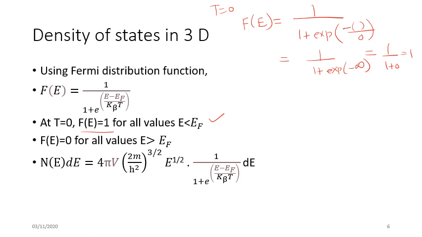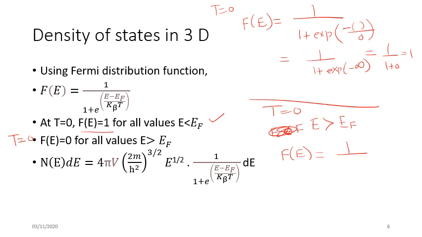And the second part: for T equal to 0, F(E) is equal to 0 for E greater than EF. So the second case is E greater than EF. If we consider this case, the Fermi distribution function F(E) becomes 1 upon 1 plus exponential raised to a positive number divided by 0.